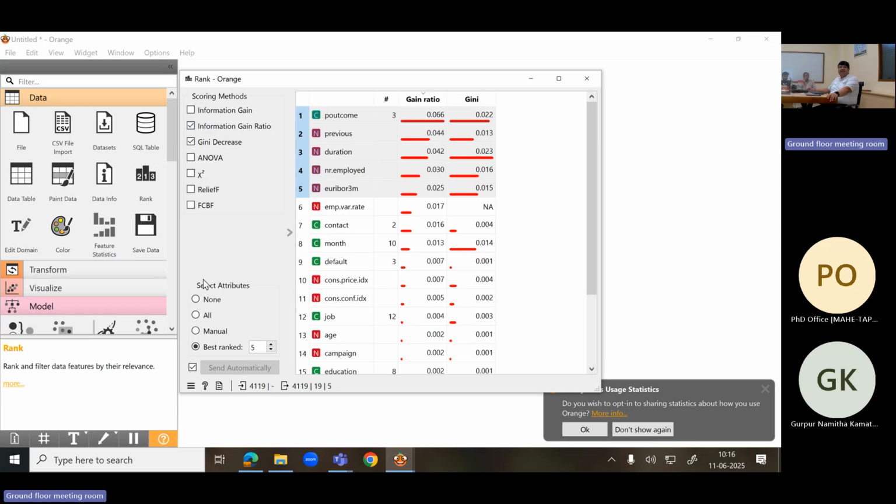Now let me briefly explain what these different methods are, to give you an idea. In different methods, you might get different variables as relevant, so generally we will see which variables come up commonly in most of the methods. You can think of the scoring methods as judges.